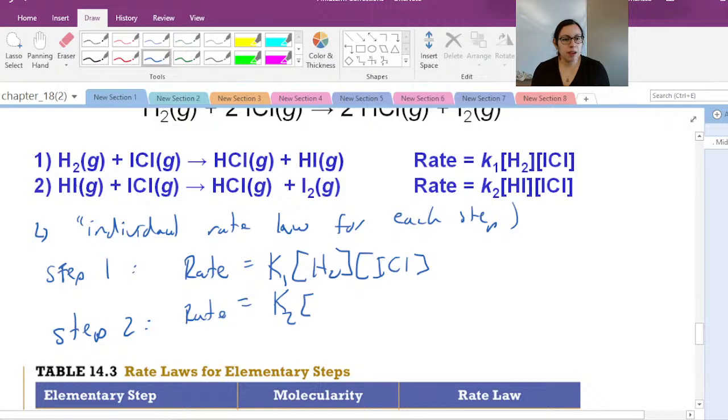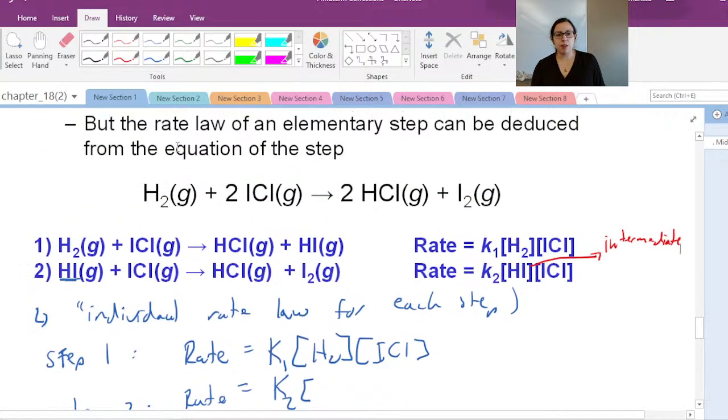now looking again from our equation, so we have HI. So this is where we'll do a little math later. But it's an intermediate. Again, we're just emphasizing that this HI is not a part of our original rate law expression. So if we were to look at this, we don't have our rate law expression yet. We could kind of write what we expect, since we're going to be losing this at 2 times the rate.